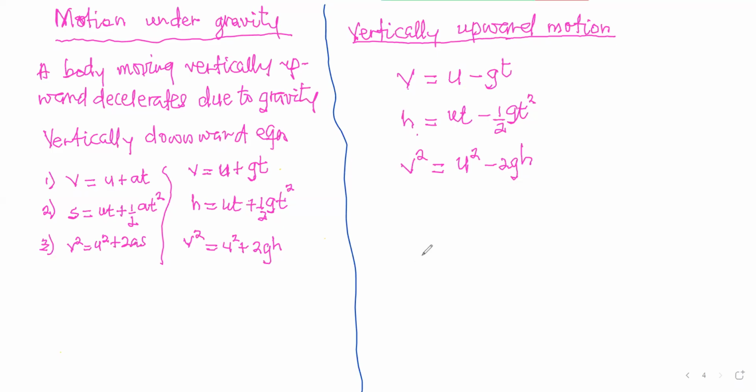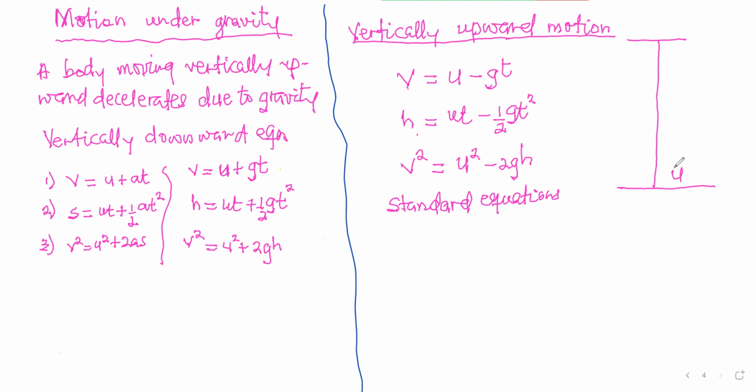All right. Let's look at some standard equations involving vertically upward motion. I just told you that when an object is projected from the surface of the Earth to go up, before it can go up, you must give it an initial velocity.